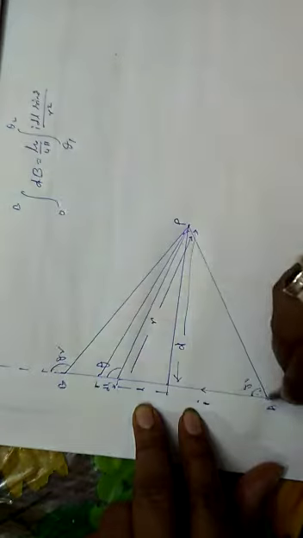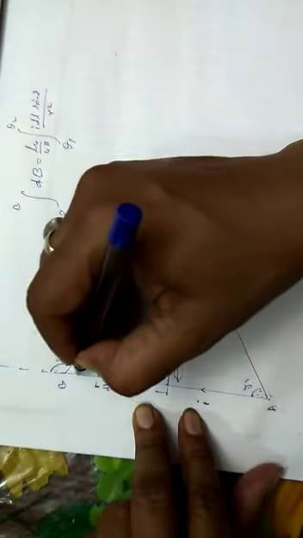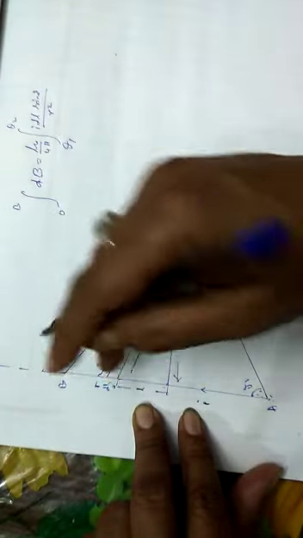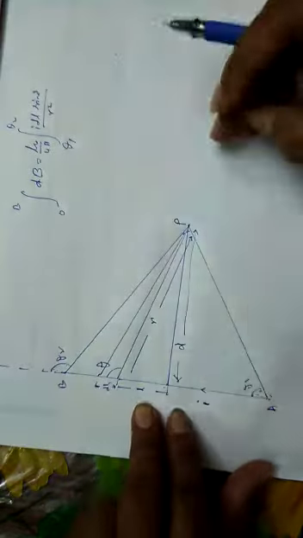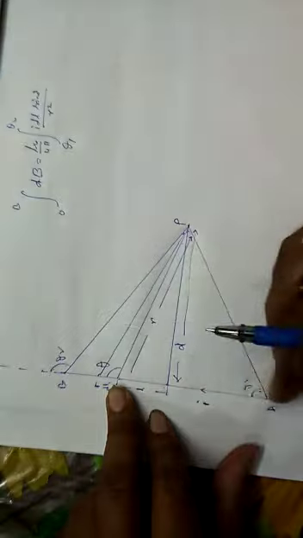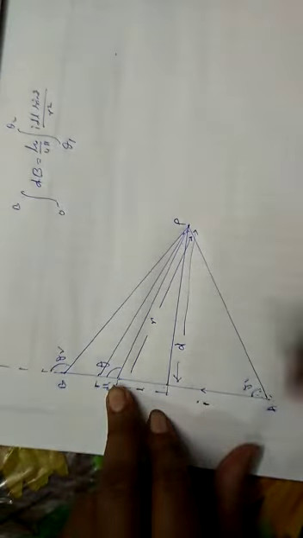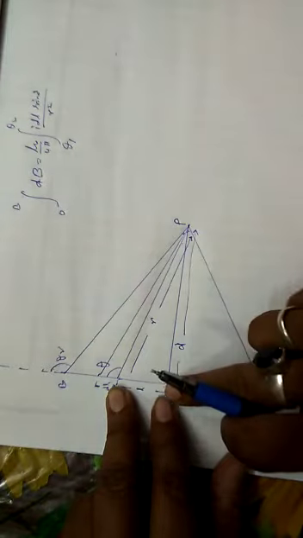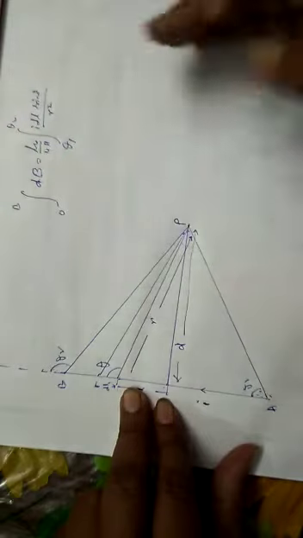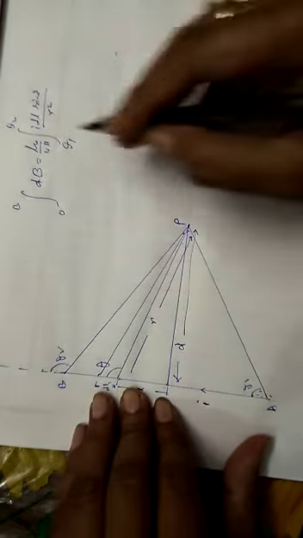This distance is in the negative direction and keeps on increasing up to theta 2. Your theta is also changing as we move from theta 1 to theta 2. Here it is acute, here it is obtuse. So there are 3 variables.